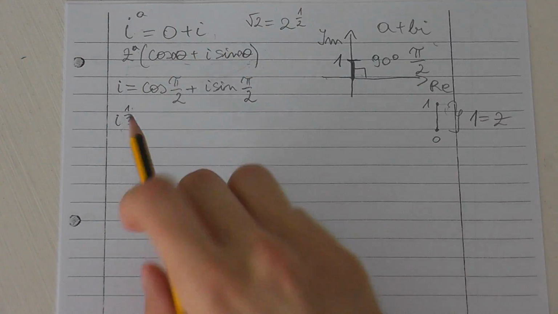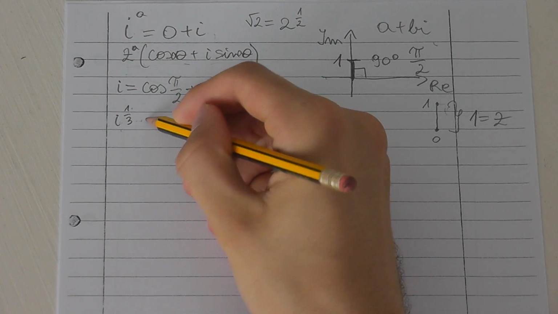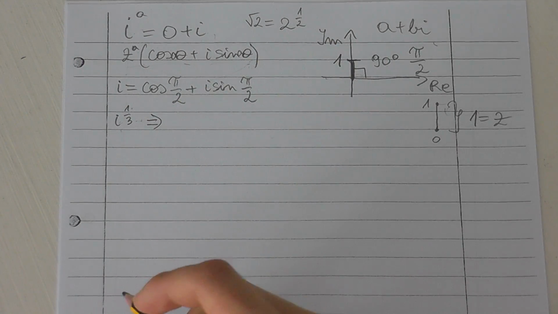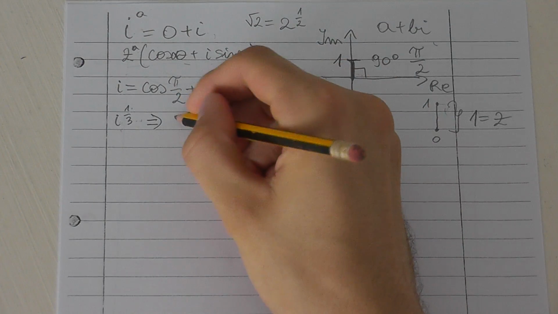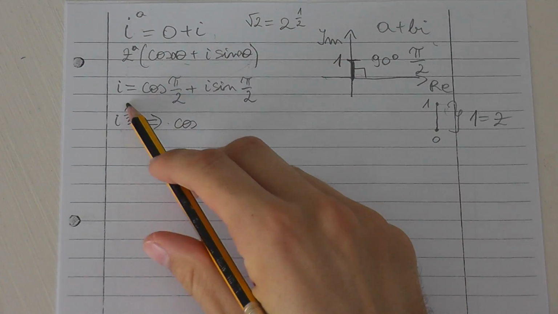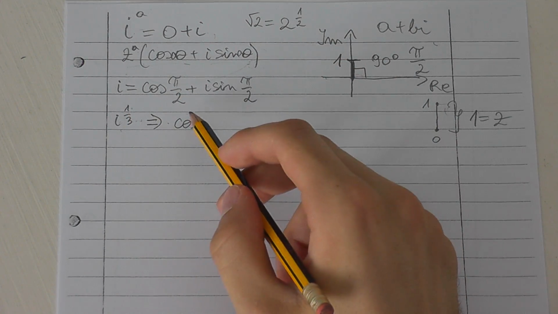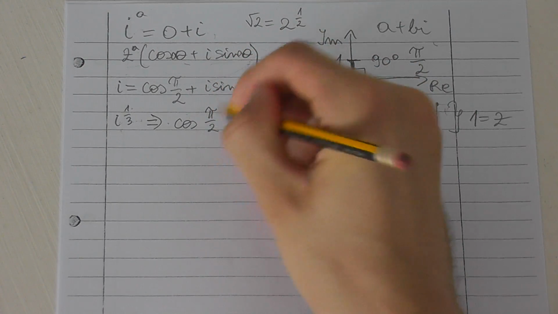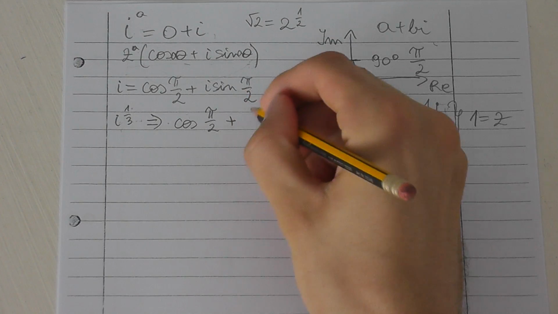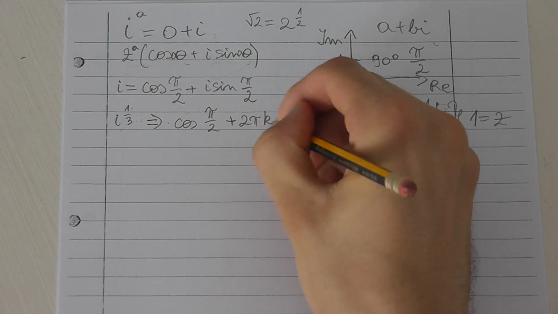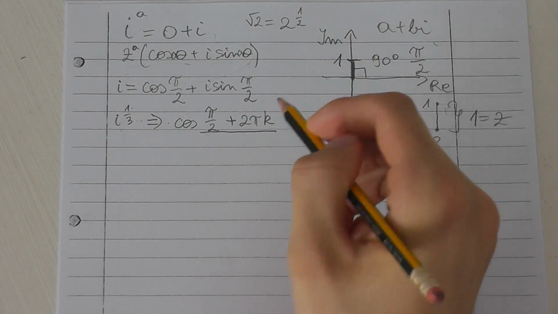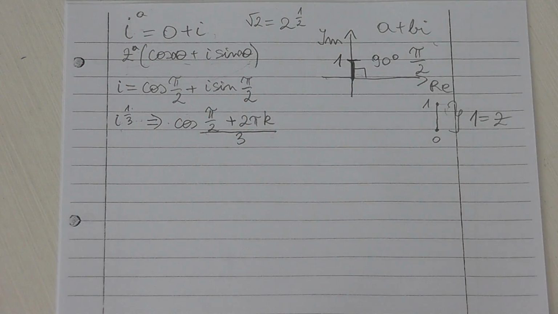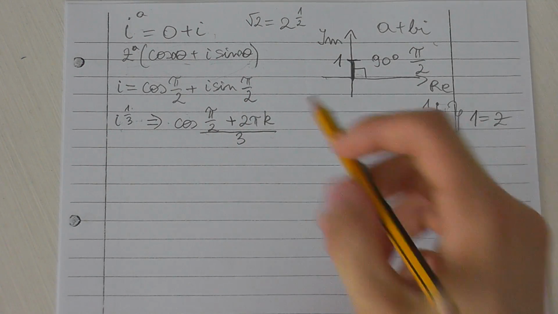We're back to here. What we're going to do now is rewrite this as: 1 to the power of 1 over 3 is just 1. Then we have cosine, and something very important, of pi over 2 plus 2 pi k, where k is some constant, and all of this over 3. Now what have I done here?